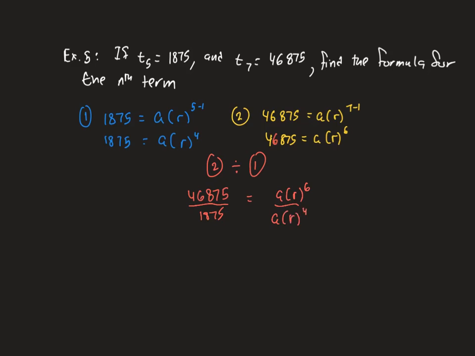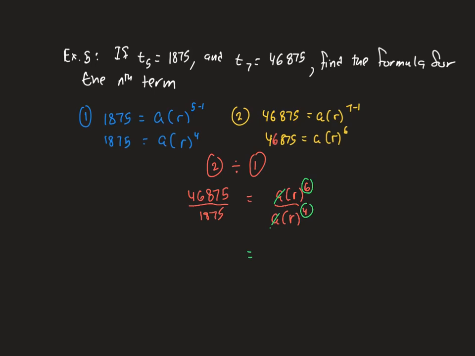Okay? So 46,875 divided by 1875. Let's do some division. So you're going to have a divided by a, these cancel out. Then you have the same base. So these two are going to subtract as per our exponent rules.